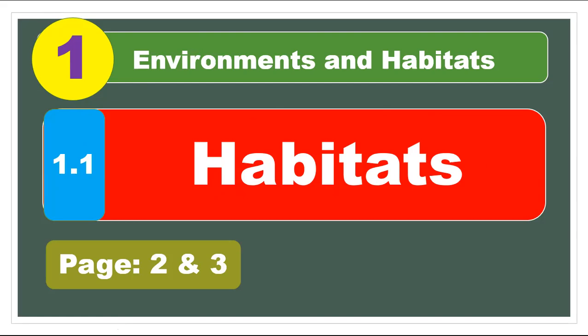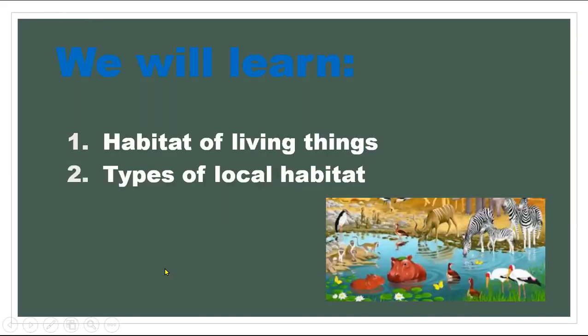Habitats mean you guys can say the home of people, the home of animal, the shelter. Okay, so here is page number 2 and 3. Today we learn about habitat of living things, right? The homes of living things.